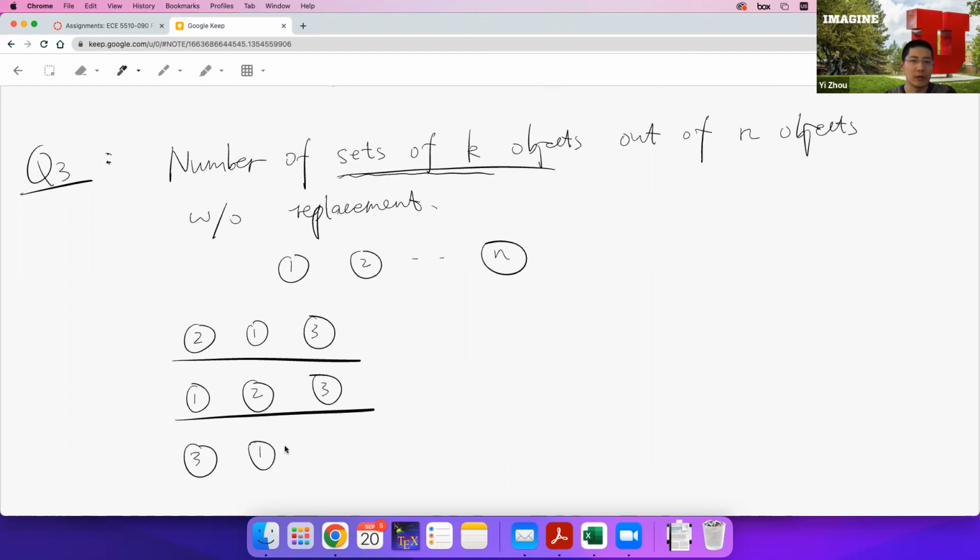Right? So the permutations among the same set of K objects will be regarded as the same thing. We don't care about the ordering anymore. Okay, so the question is how many different such sets can we select out of these n objects?